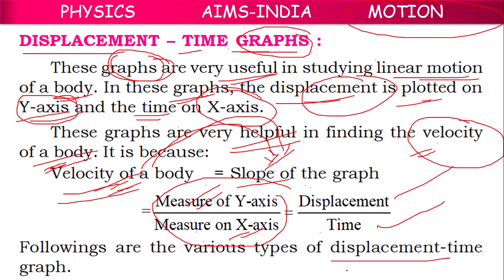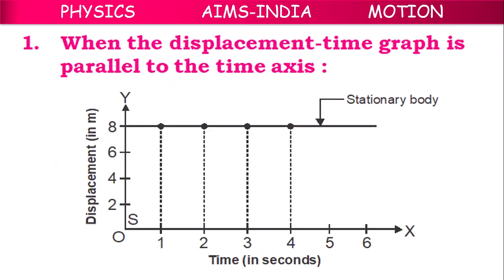So we have various kinds of displacement time graphs. Let's study about them one by one. When the displacement time graph is parallel to time axis, whatever straight line we have drawn here, this is the displacement time graph, or the equation representing the linear motion of the body.